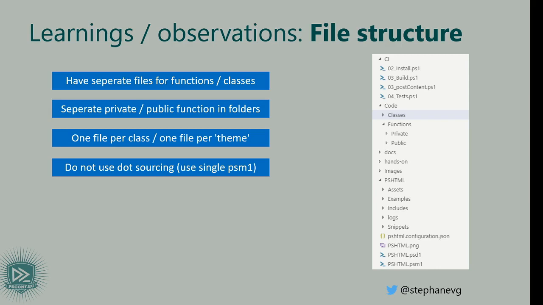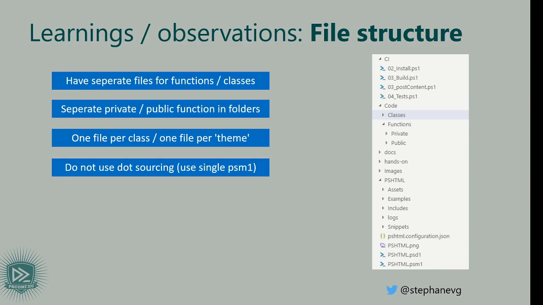For example, in PSHTML, I have around 91 functions in it. And when I was importing the module with a PSM1 file that was dot sourcing everything, for one import, I think I needed 12 seconds or so. So 12 seconds in life is okay. But that doesn't scale well, and that's the problem. It's scaling. You want to test your code, right?